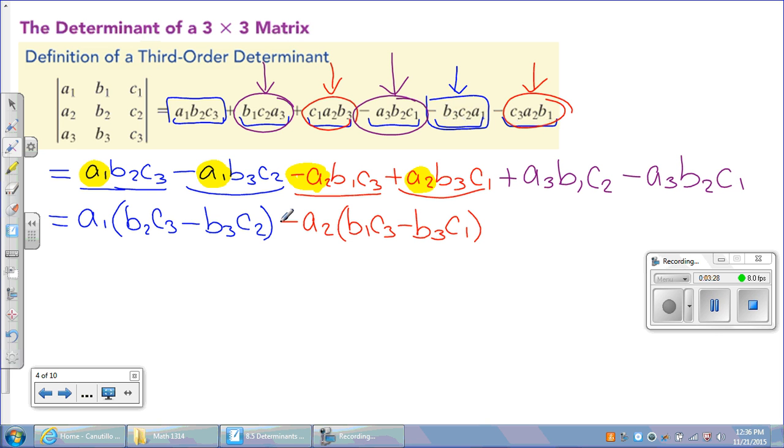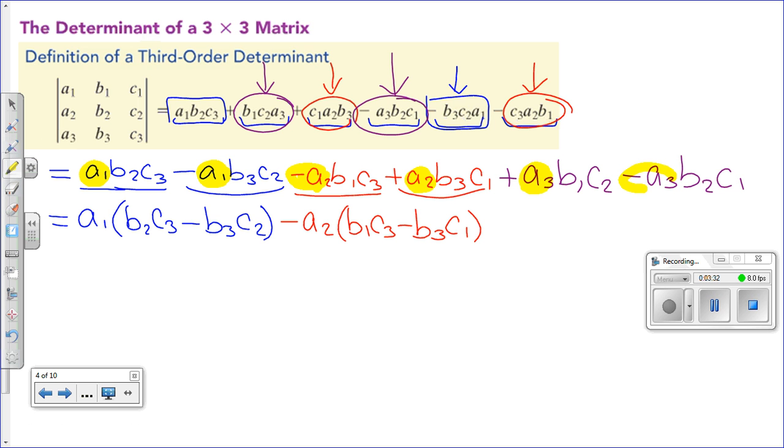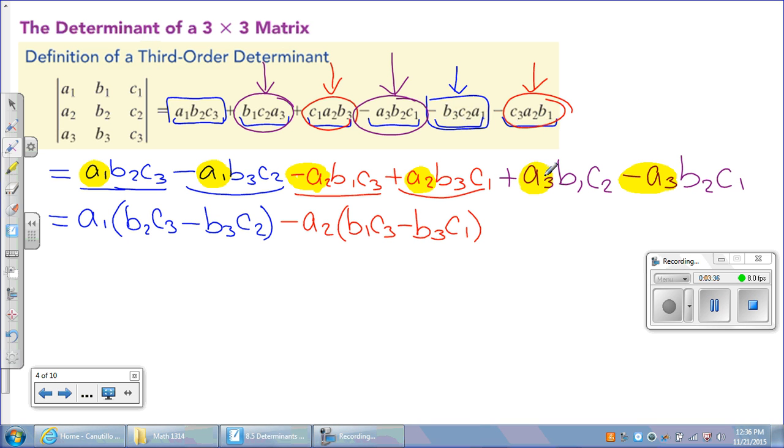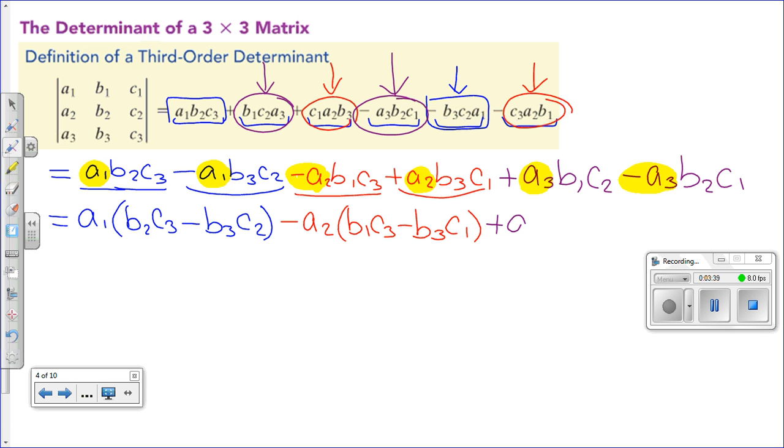Now, for the last two terms, I'm going to factor out A sub 3, positive. So plus A sub 3. If I factor that out from here, I will get B sub 1, C sub 2. If I factor A sub 3 from here, I will get minus B sub 2, C sub 1.